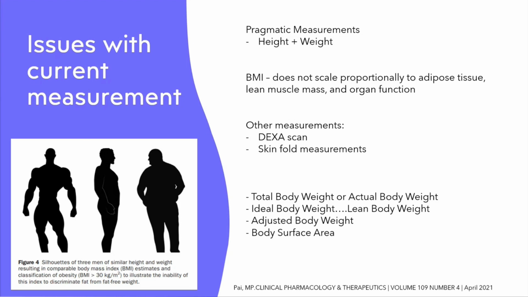Whereas in contrast, for hydrophilic antibiotics, we would probably be more interested in knowing lean body weight or calculating an adjusted body weight. But to date, there really is no single size descriptor that's been shown to accurately correlate with either volume of distribution or clearance of antimicrobials in obese individuals.